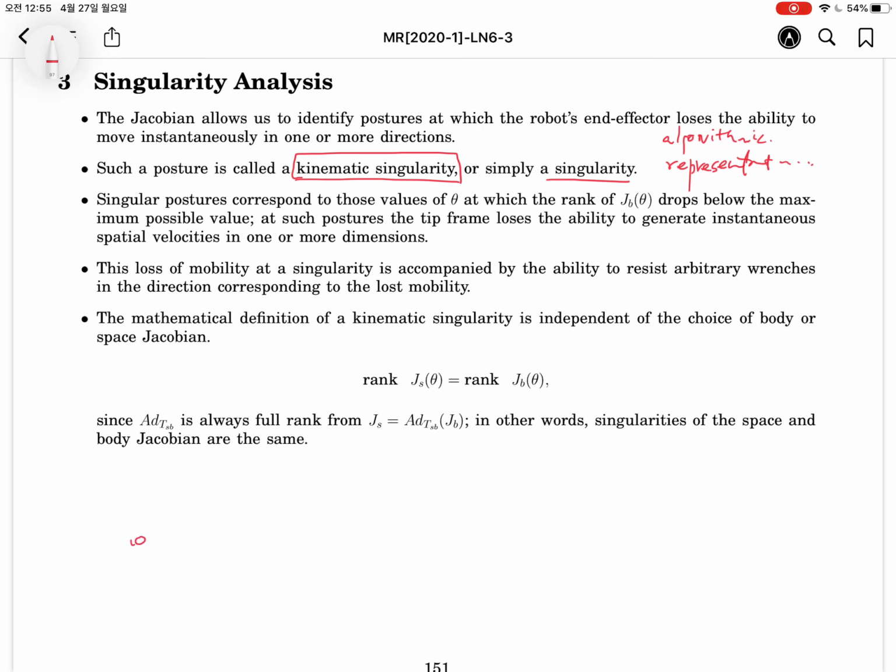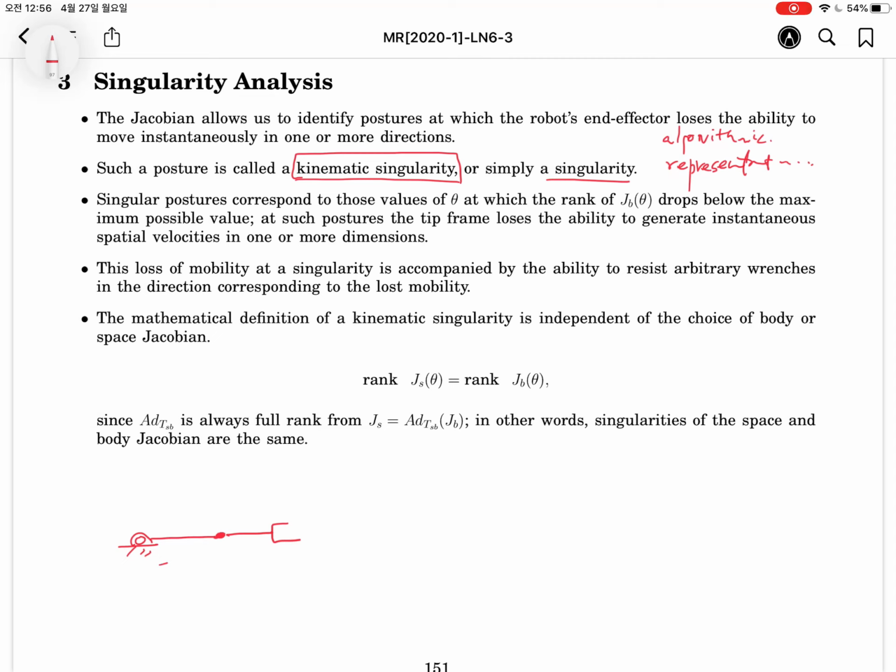Let's assume that this is the base. The first joint, the second joint is here, and the end effector is here. Let's assume that this is the zero position. In this case, the Jacobian will be the line segment in this direction. Is it right? But the Jacobian inverse transpose will be the line segment like this.